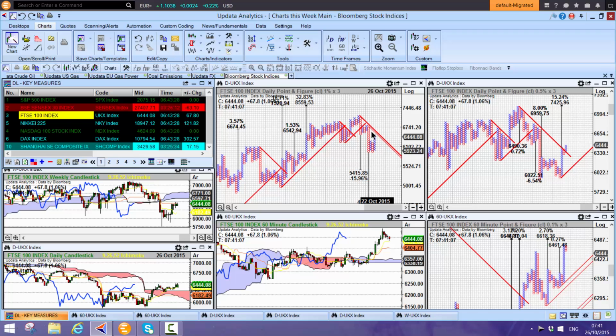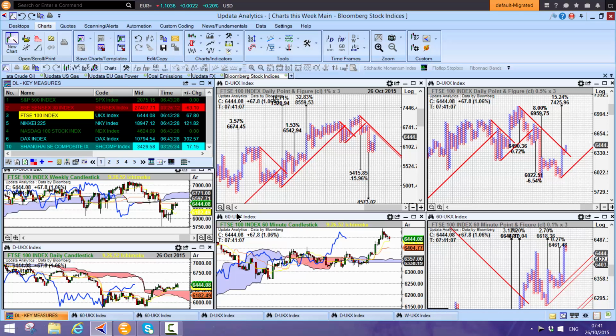The 1% chart is bearish as well, like the weekly chart, but we haven't activated this downside target. And more interestingly, this 0.5% chart has changed trend, new upside target, 15% on the FTSE. So it looks like again FTSE will have a good run up to the year end, which we normally expect to see once we get through the October jitters. We normally expect to see markets start to run.